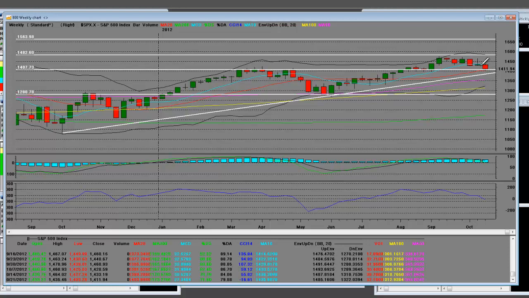Now, let's make sure that when we had the reversal over here, this blue line, a 10-week moving average, flattened out over here. It went 1 week, 2 weeks, 3 weeks, 4 weeks below the 10-week moving average. We have a mathematical system on a weekly chart that we use.